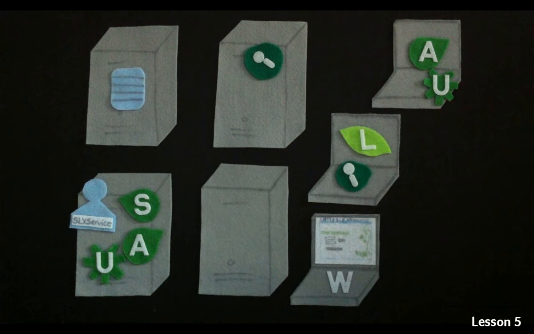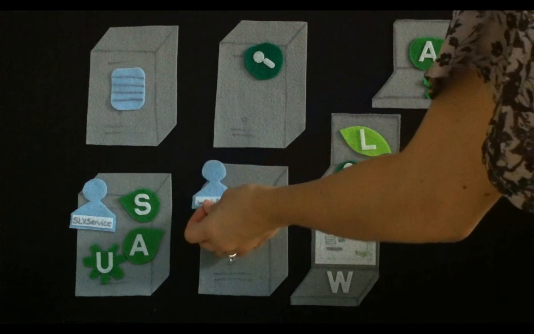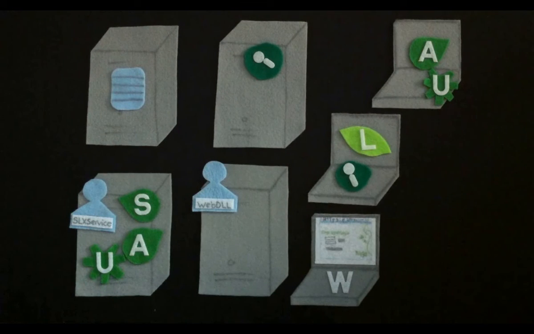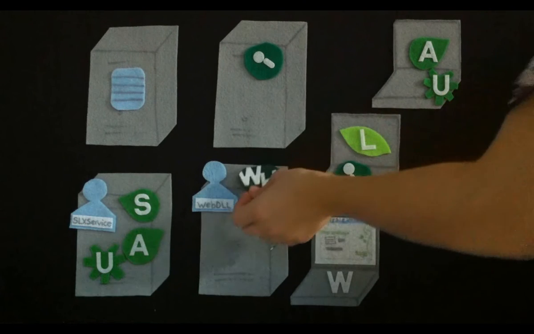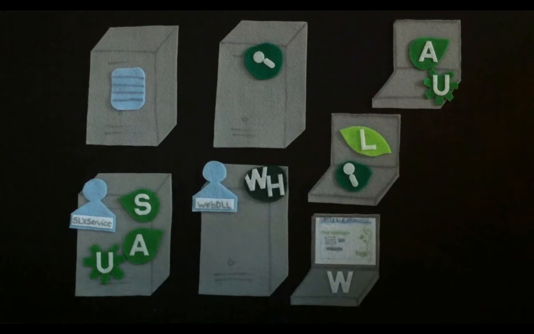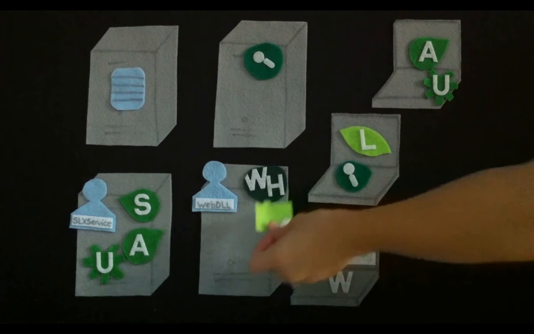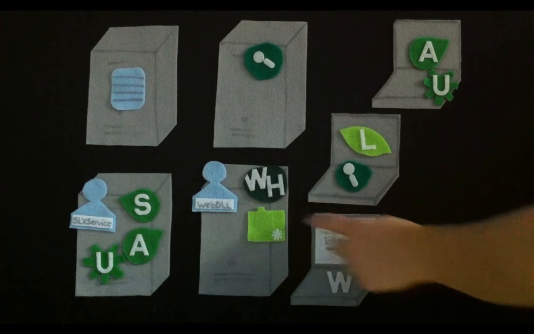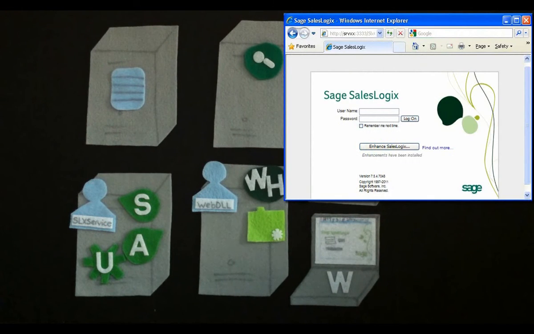Lesson 5 introduces web components. And first we create a web DLL user, which is what runs the IIS process and application pools. And we want the SalesLogix web server installed on its own dedicated machine. So after we deploy the SLX web portal, a user can then view the SalesLogix website over an HTTP or HTTPS connection.